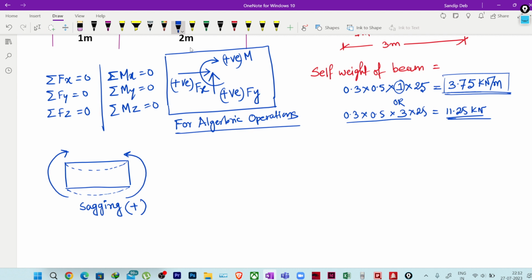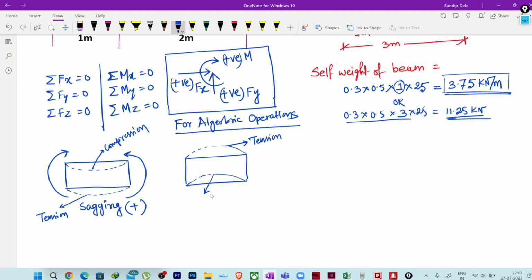Now this is about the moments. We will consider the sagging as positive: here the bottom is in tension and the top is in compression. But if the bending is happening like this, the top is in tension and the bottom is in compression.